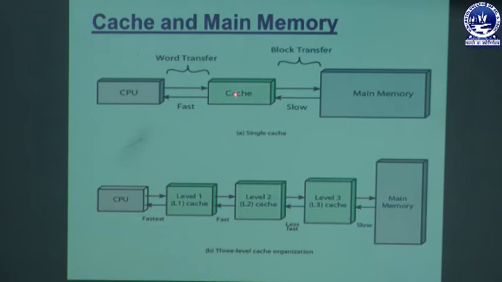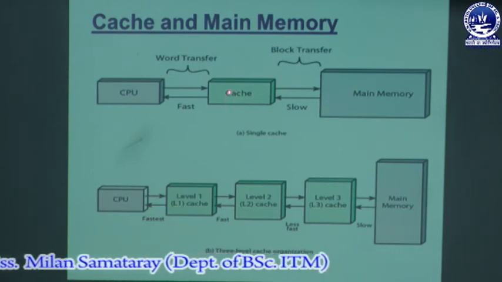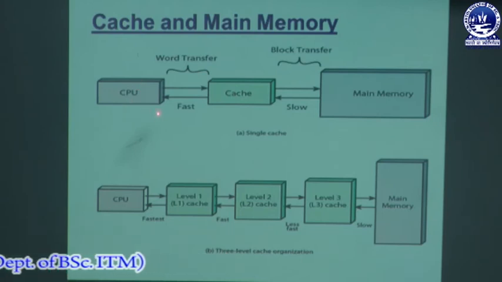Here is the cache in between the CPU and main memory, and main memory transfers to the cache and cache transfers that to the CPU. The transfer between main memory and cache is slow as compared to the transfer between cache and the CPU.